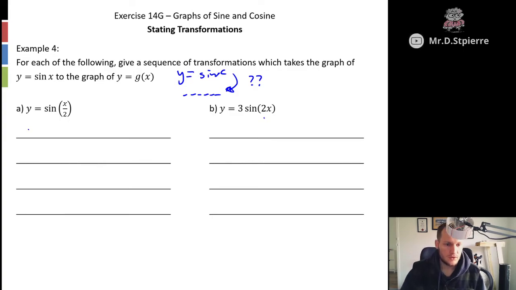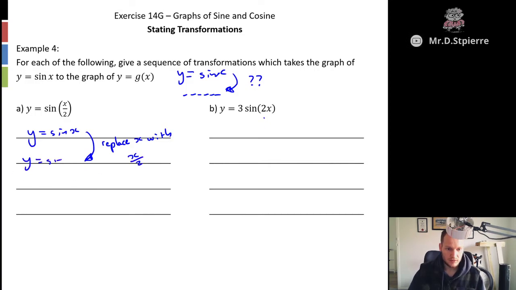In this case, the first one's nice and easy. It's already the x, it's divided by 2. That 2 is operating directly on the x. There's nothing sitting out the front here. Don't have to worry about that. So if we started with y equals sine x, to get this, we would have to replace x with x on 2, which gives us y equals sine x on 2.